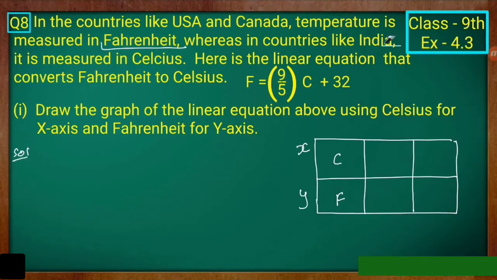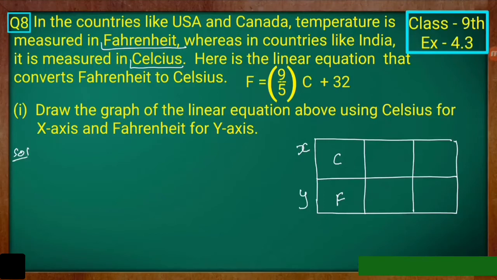This is the form in which we can convert Celsius into Fahrenheit and Fahrenheit into Celsius. In science you have also done this type of question. So the condition is F equals 9 upon 5 C plus 32.